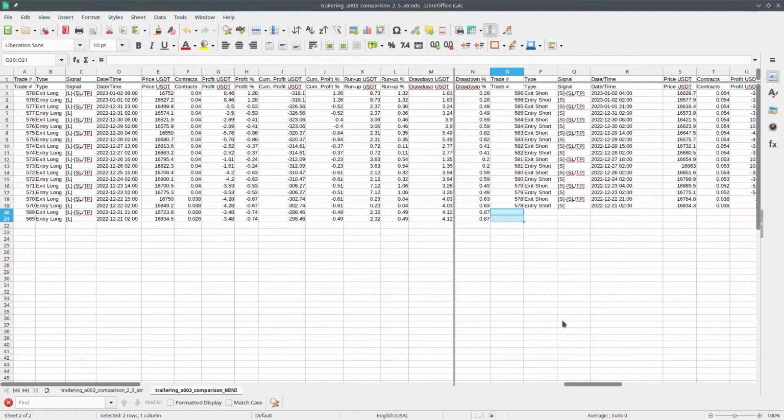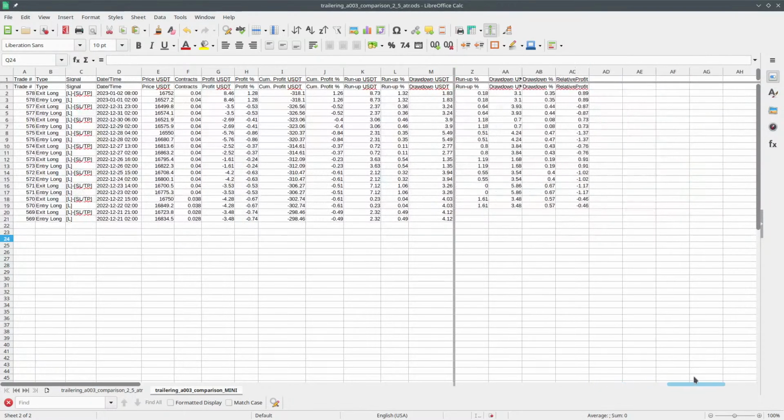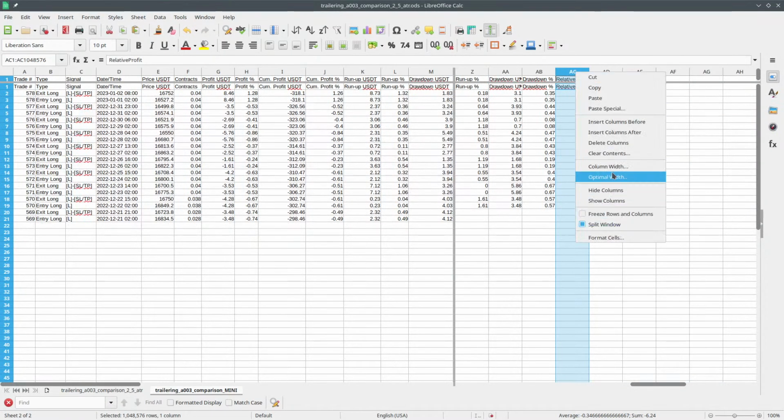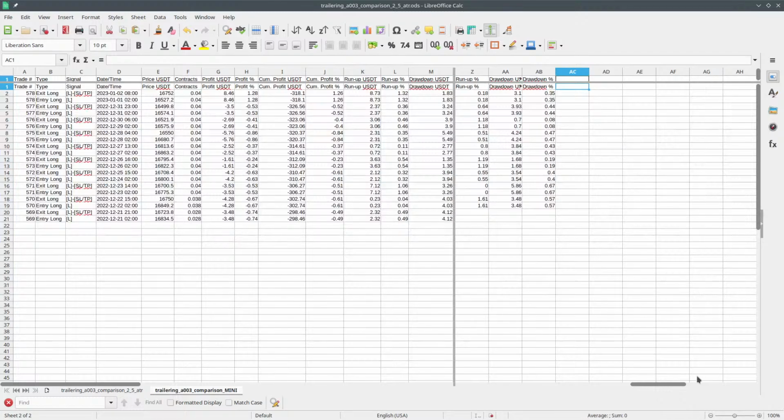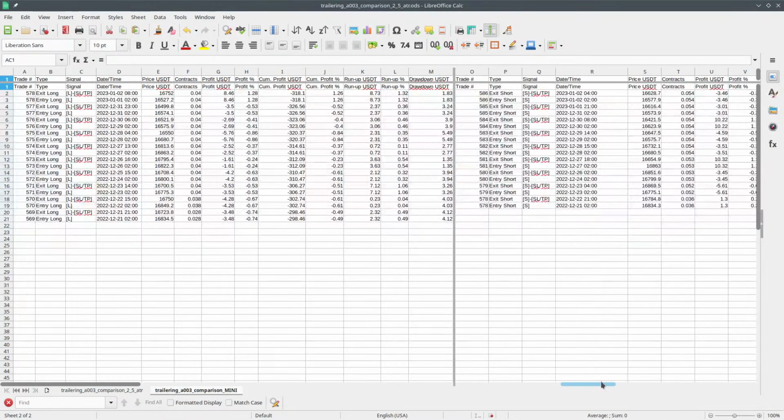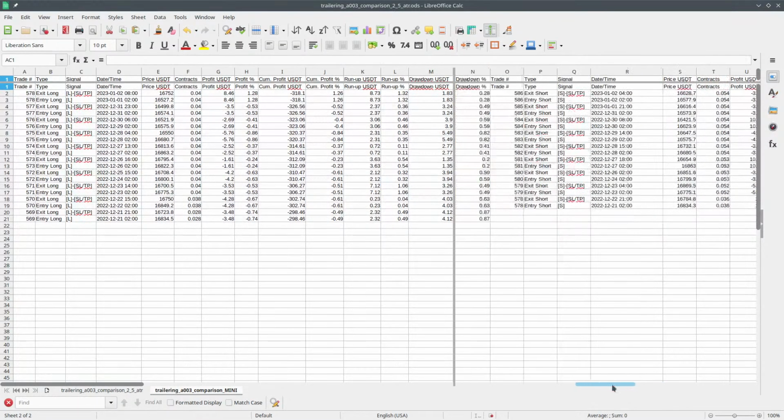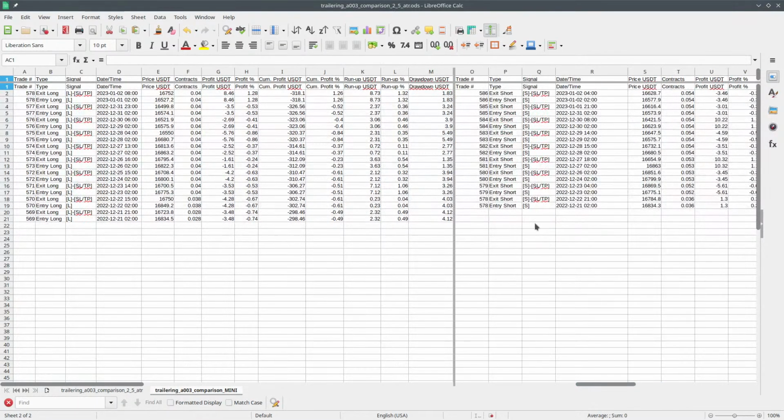Okay, so now we should try to move everything from here. So let's remove relative profit, because we don't care about it right now. So let's try and see what we have here. So this is the first one, which is 21. I mean, yeah, 21.